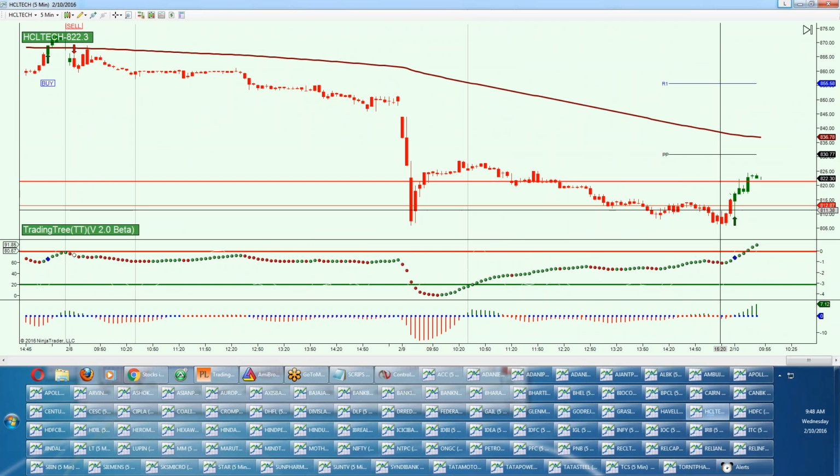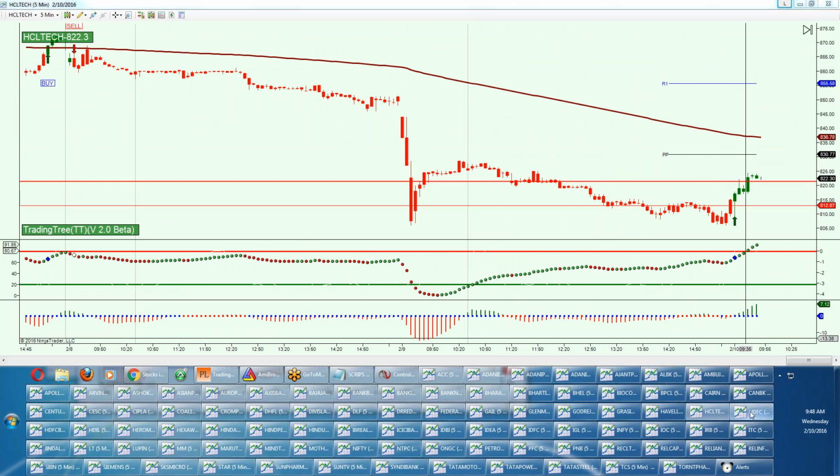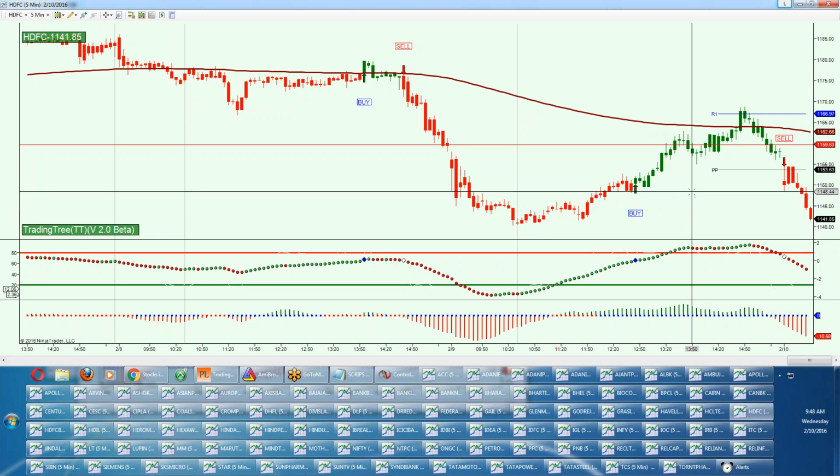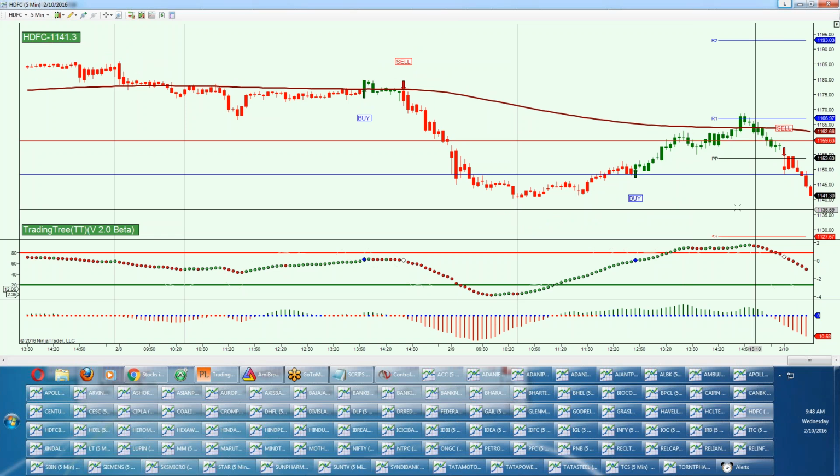So your HCL Tech is in profit, the buy call. So HDFC, your sell alert is here, 1148.